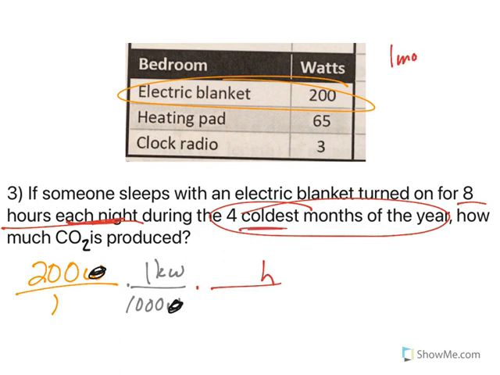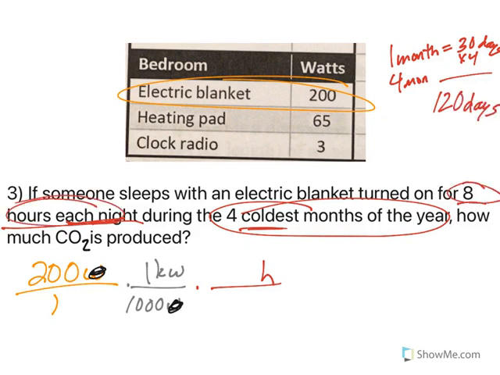Well, I'm going to say that 1 month, we're going to approximate here, is about 30 days. So if I have 4 months, multiply by 4, that gives me 120 days. And each day, we're doing this for 8 hours. So times 8 hours, and that gives me 960 hours of this blanket. So 960 hours.